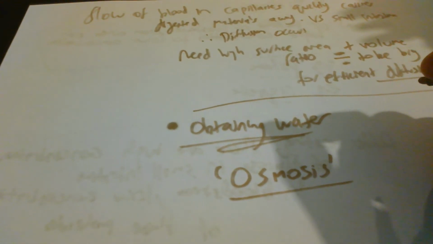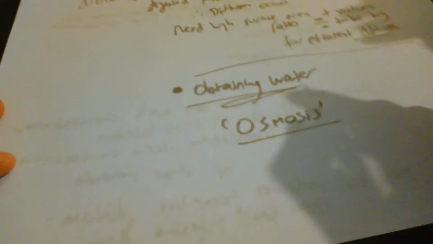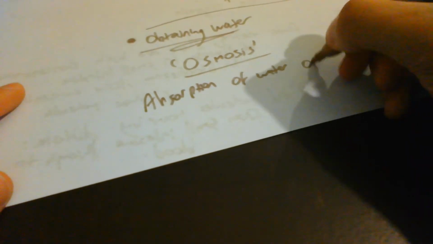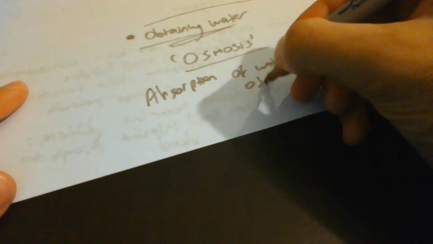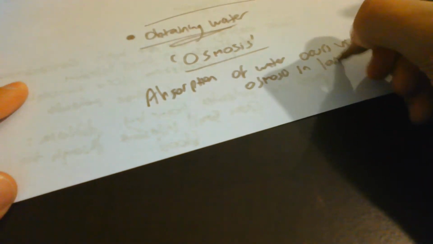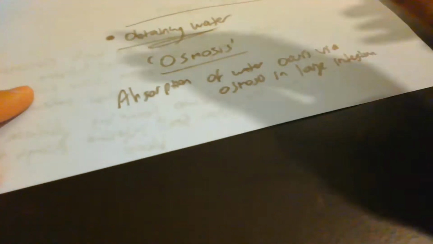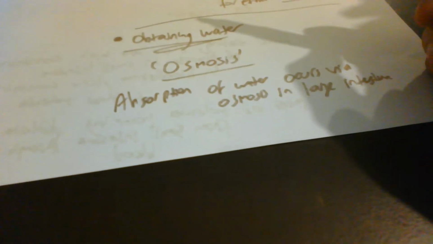First, absorption of water occurs via osmosis in the large intestine. Remember, your large intestine is responsible for expelling waste, and water comes out, obviously, when you go to the toilet.